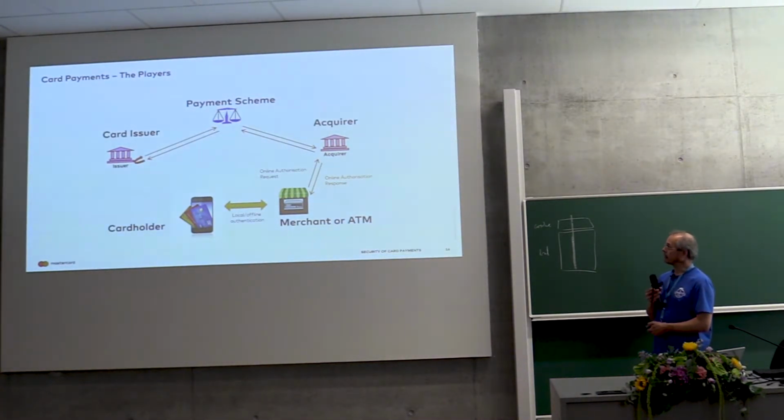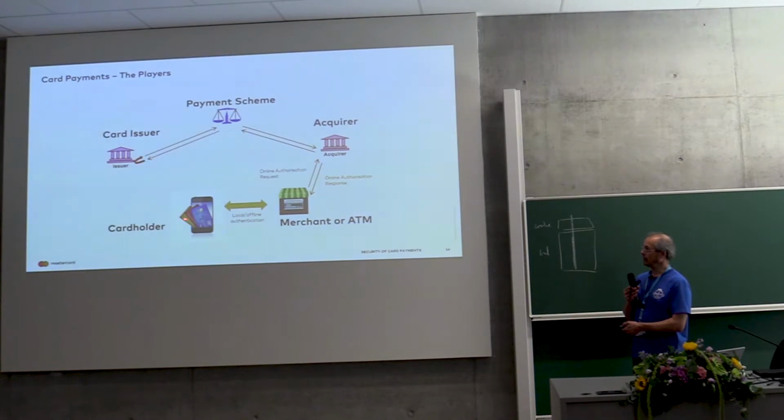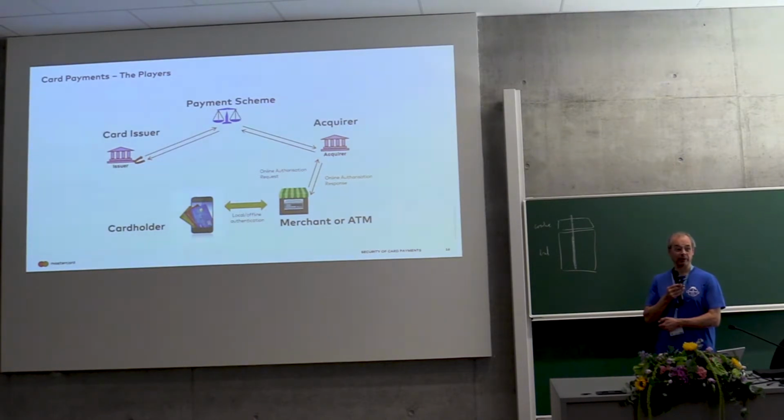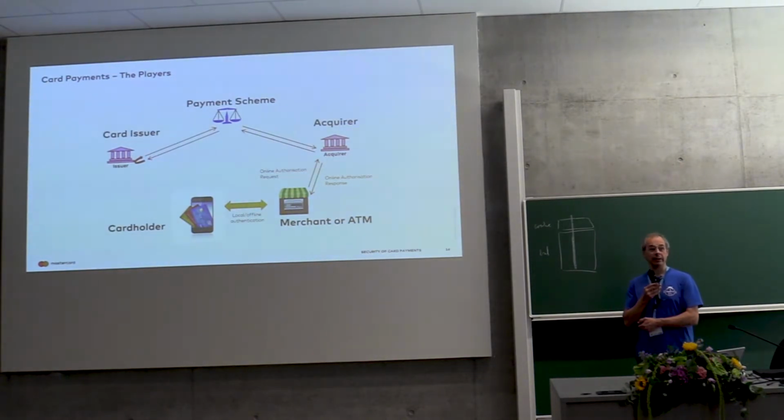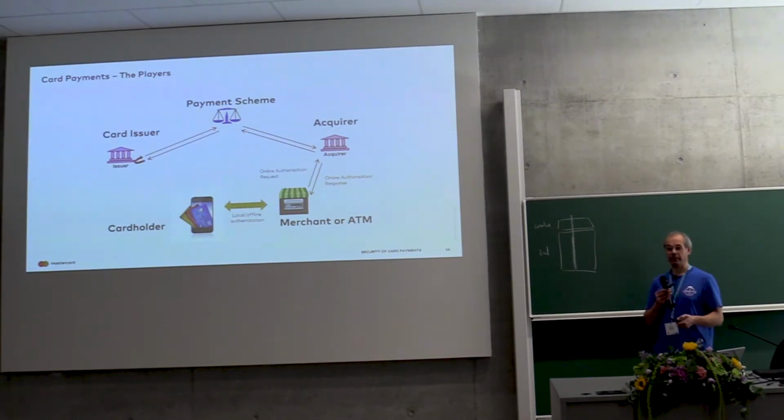And on the subject of international, if we wanted the card to authenticate to the merchant terminal on an international basis, you can't really use symmetric cryptography for that. A Belgian card will not have the same symmetric keys as a Brazilian terminal. That's just not going to happen.